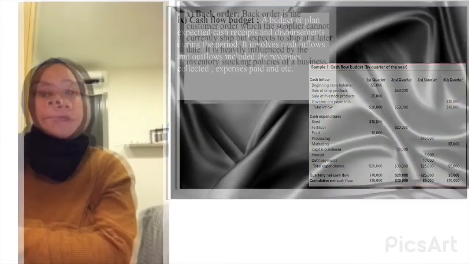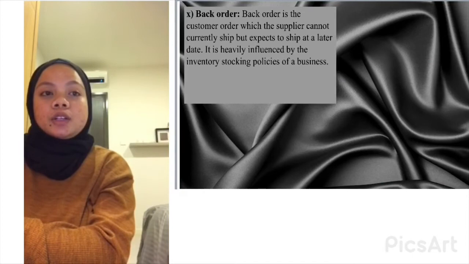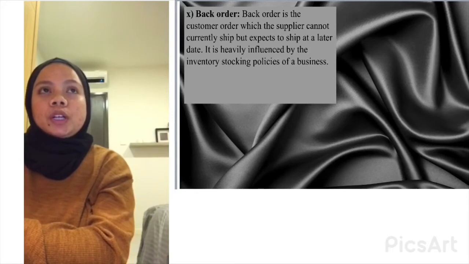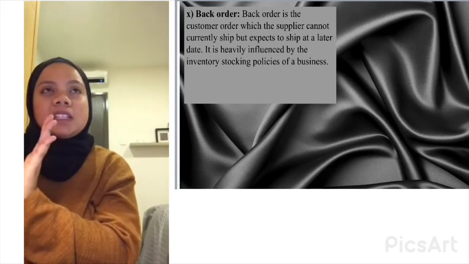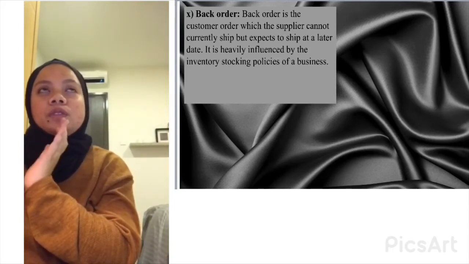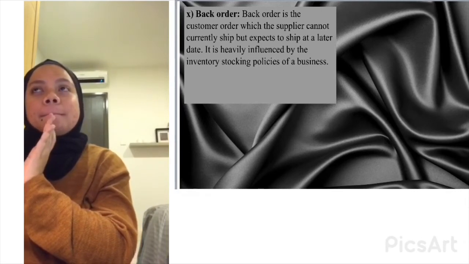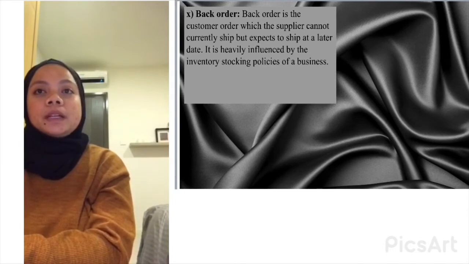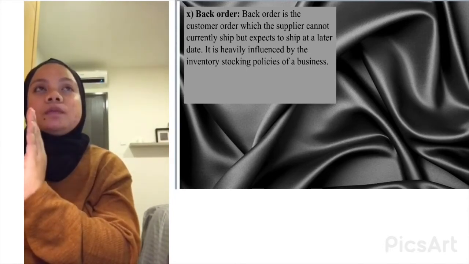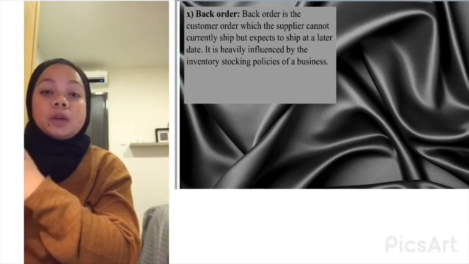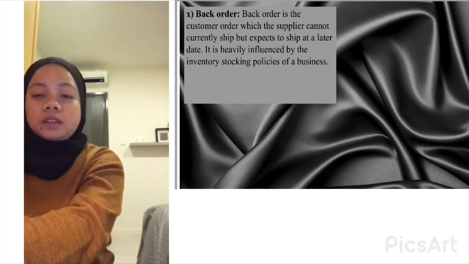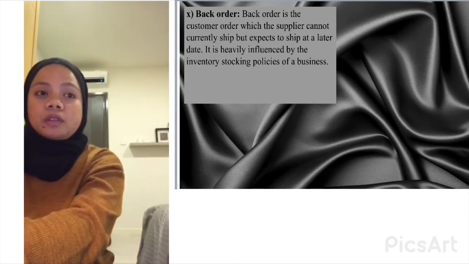So lastly is the back order. A back order is actually a customer order which the supplier cannot currently ship, but they expect to ship those goods that have been ordered by the customer at a later date. So it is heavily influenced by the inventory stocking policies of the business.